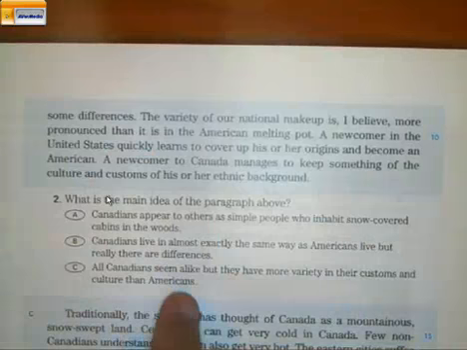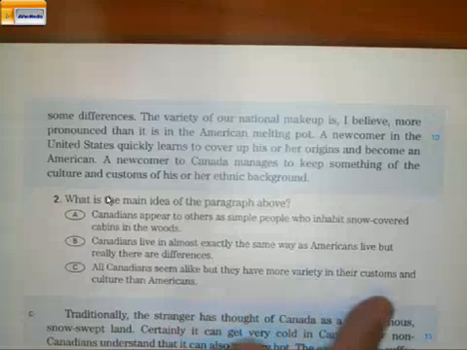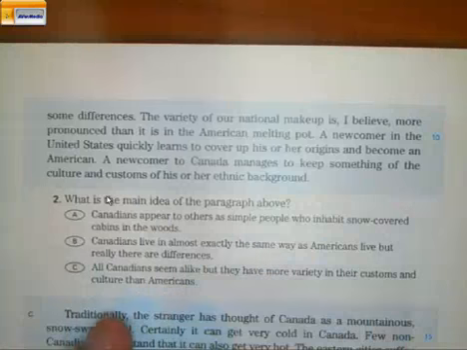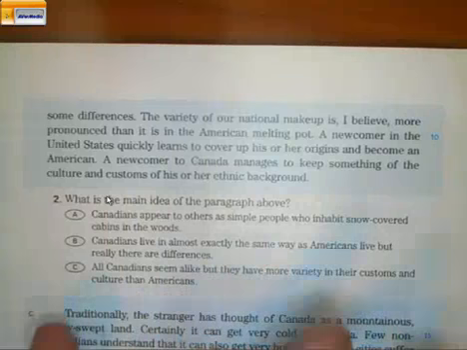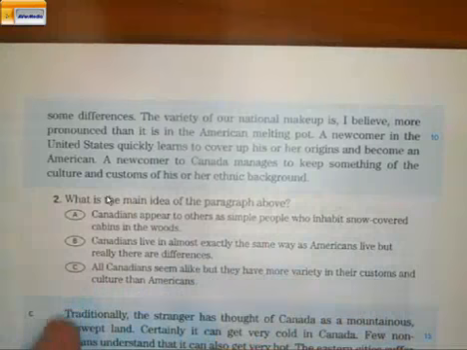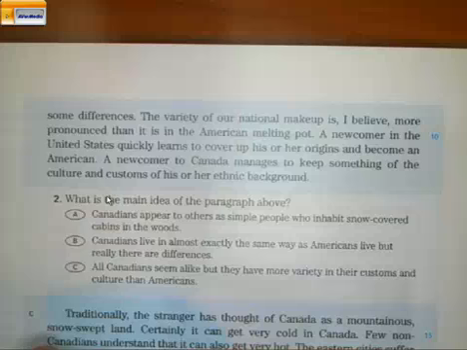Or is it C: all Canadians seem alike, but they have more variety in their customs and cultures than Americans? So you see, sometimes test writers, or someone like the one who wrote this book, give very close, very similar answers, and they look correct.